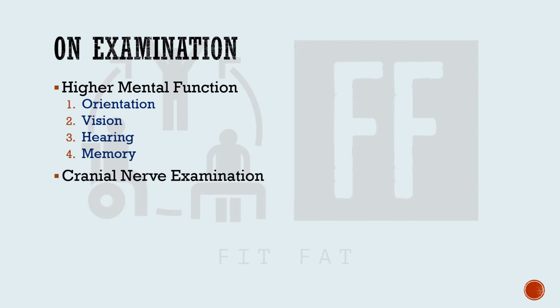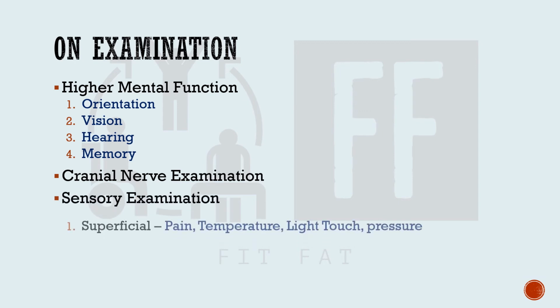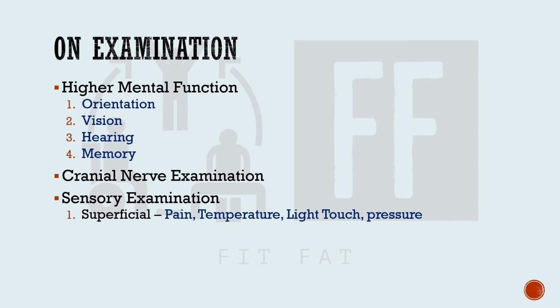Then will come your cranial nerve examination. I'm going to make another separate video on this topic, but for now you can check the Sullivan book to know how to examine cranial nerves. Then will be your sensory examination. Under this, first are your superficial senses, that is pain, temperature, light touch and pressure.